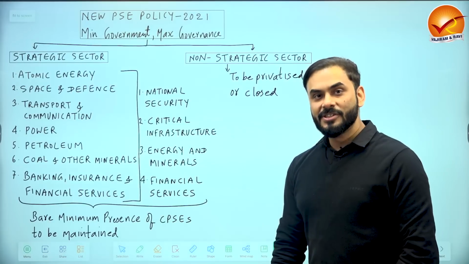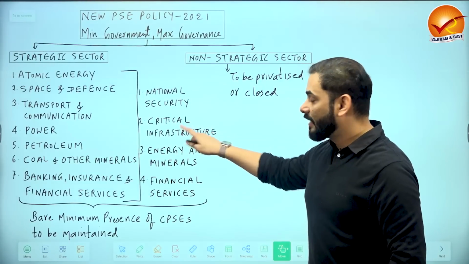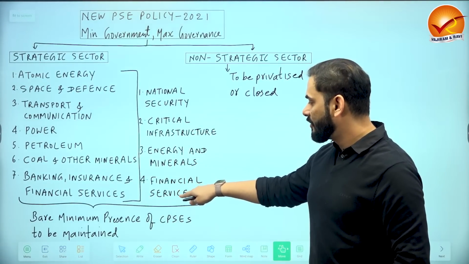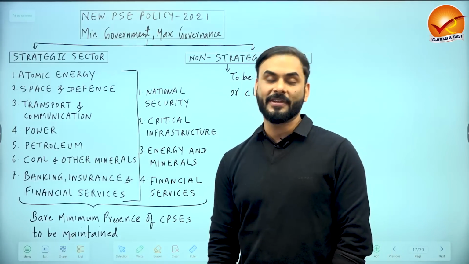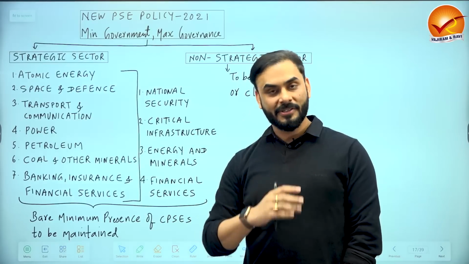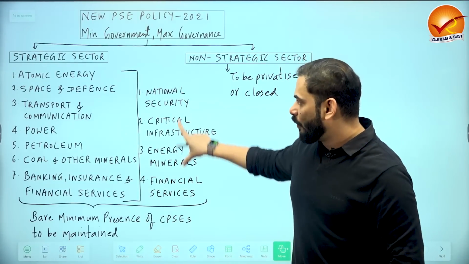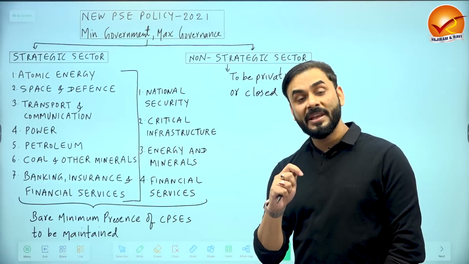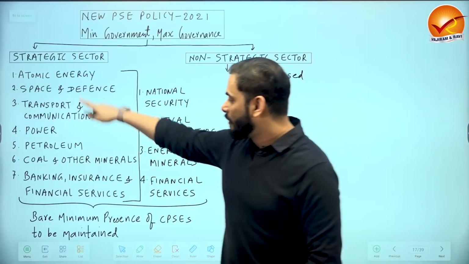National security is strategic, critical infrastructure is strategic, energy and minerals are strategic, and financial services are strategic. There are 4 sectors which are strategic. In these 4 strategic sectors, how many industries or sub-sectors are there? Total 7.